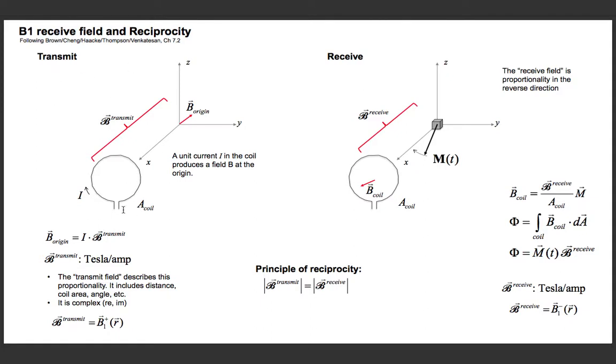In a very similar geometry, imagine I have a simple loop coil out here that's perpendicular to the x-axis, and I run a unit current I through this coil. It's going to produce a B field at the position of the origin of this coordinate system. So we're going to make this definition that a unit current I in this coil produces this B field, B, at the origin, with this relationship.